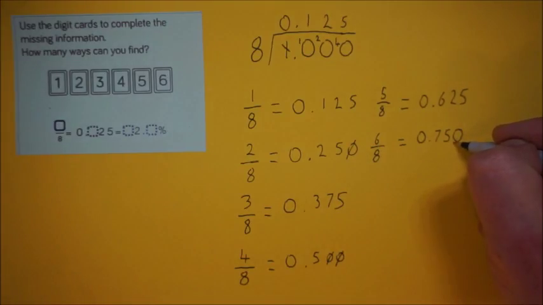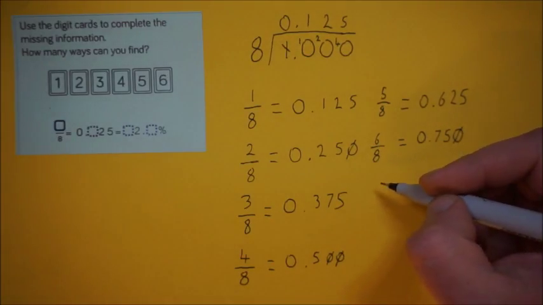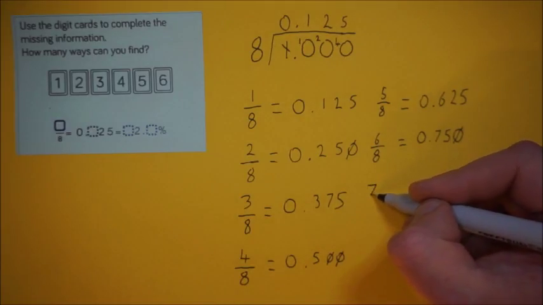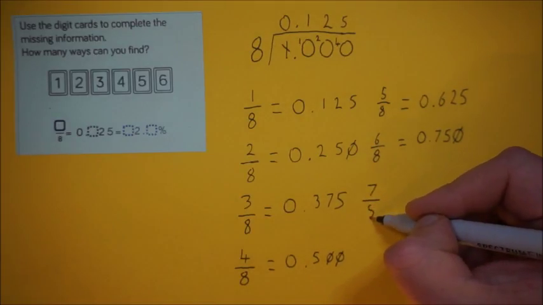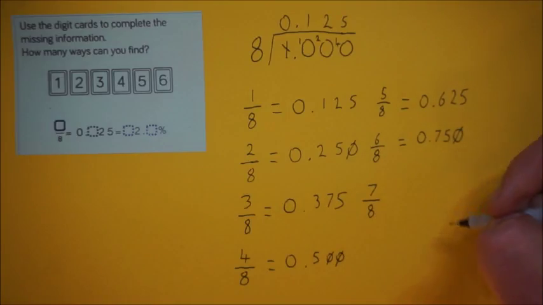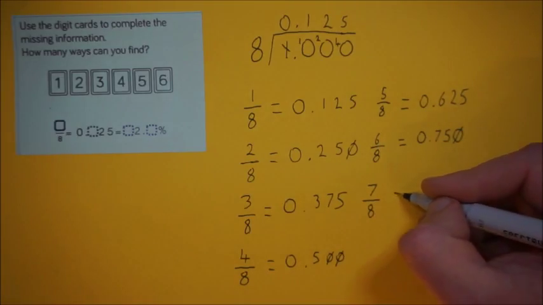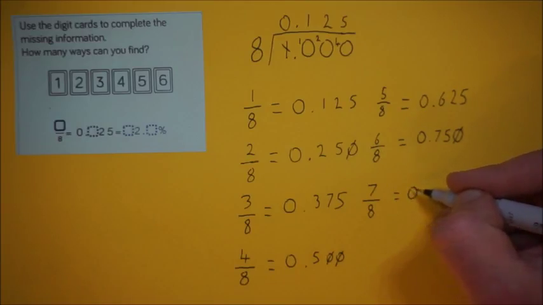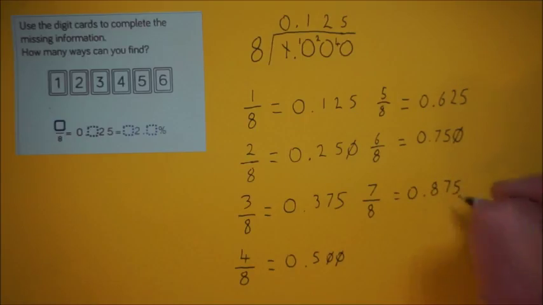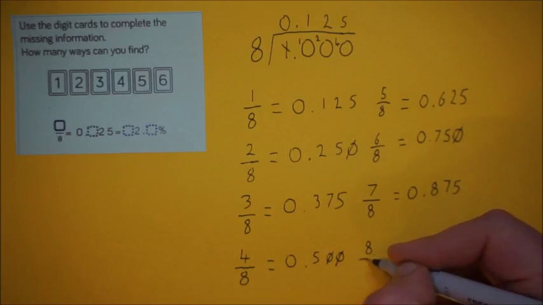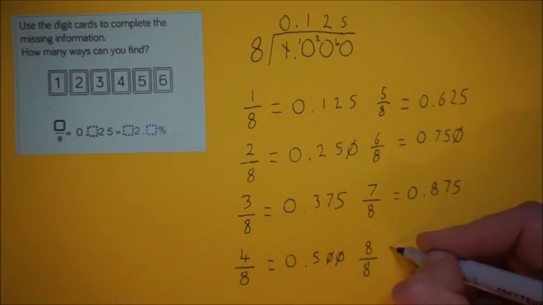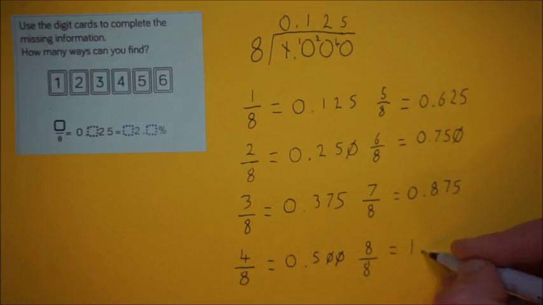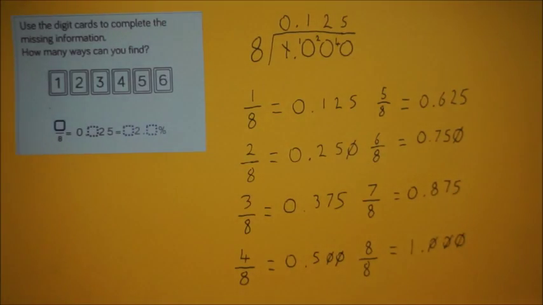Got a redundant 0 there, not doing any job, get rid of it. We've got 7/8, just keep adding on 0.125 every time, and it's going to be 0.875. And finally 8/8, and if this has all gone to plan, when I add the last one on, it will indeed equal 1. There's no value in the decimals, so they're all redundant. It actually just equals 1. So that's a whole. Fantastic.